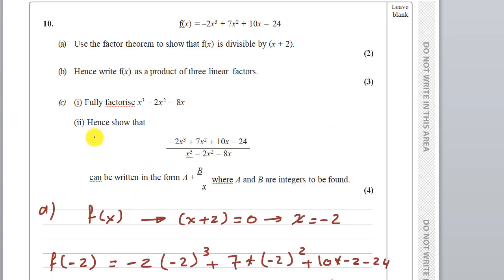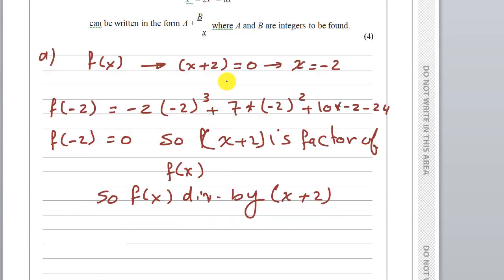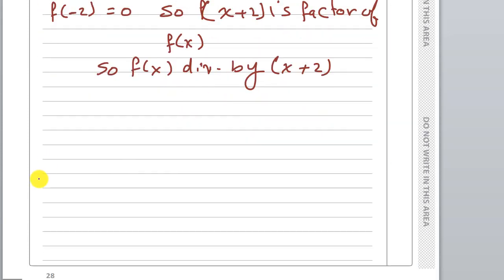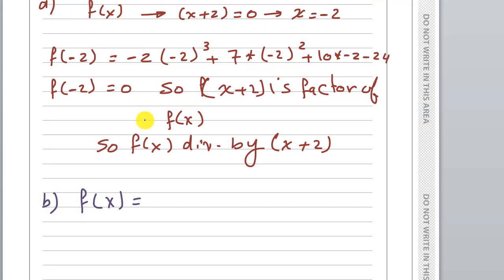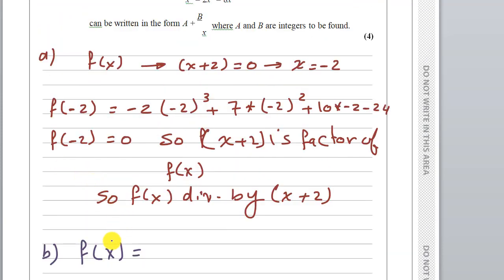So f of x is divisible by x plus 2. Hence, write f of x as a product of 3 linear factors. So let us now start to solve this part. This is part B. F of x is equal to minus x power 3 plus 7x squared plus 10x minus 24.